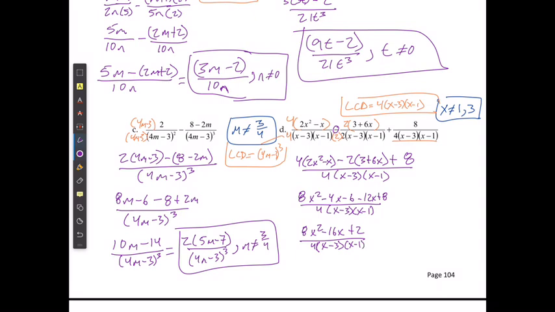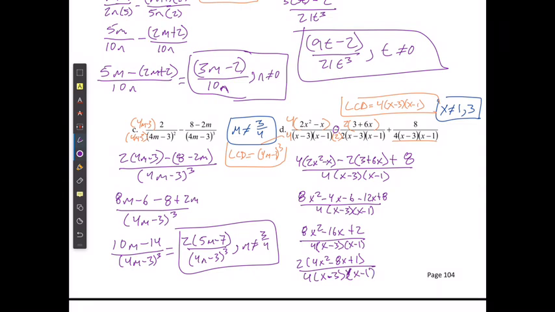I'm going to factor the top and say that I can factor it by 2 and get 4x squared minus 8x plus 1 over that 4 times x minus 3 and x minus 1.